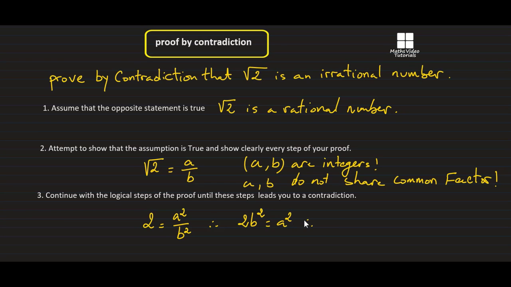And if I just flip it around to make a squared the subject on the left hand side, a squared equals 2b squared, that tells me that a squared is an even number because it's multiplied by 2 here. Regardless of the value of b, you multiply by 2, you end up with an even number. So a squared is even.